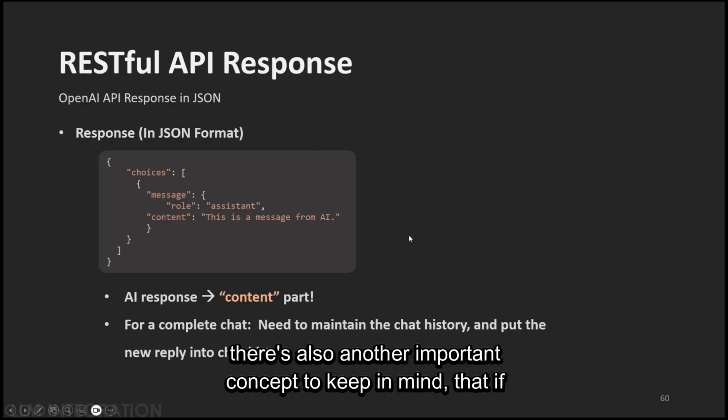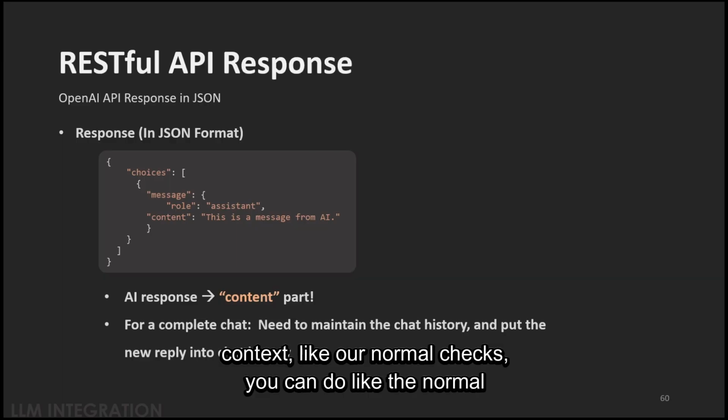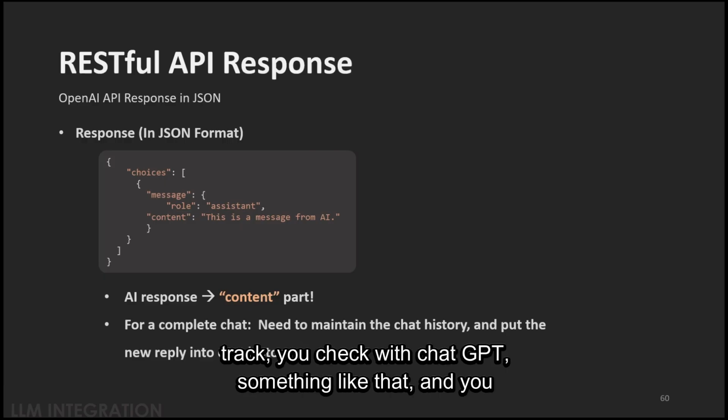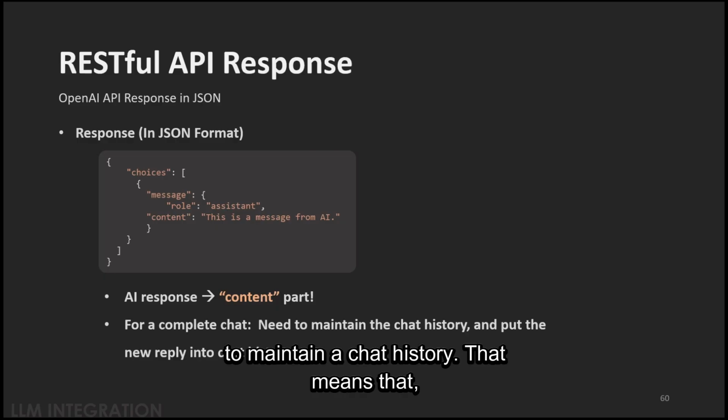And there's also another important concept to keep in mind. If you want the LLM to respond based on the entire conversation context, like a normal chat with ChatGPT, you need to maintain a chat history.